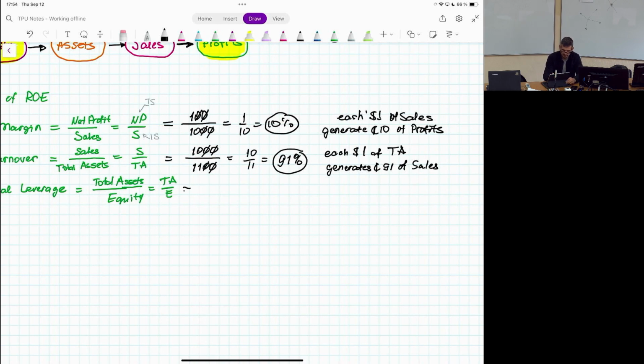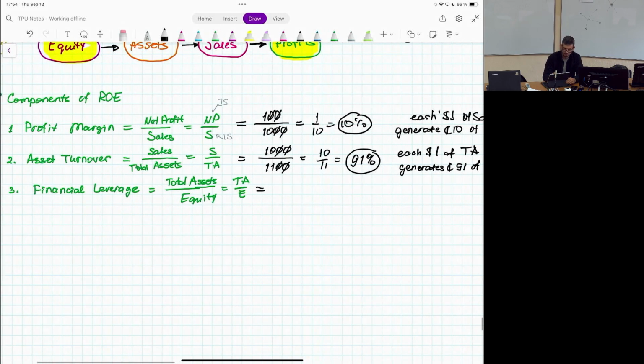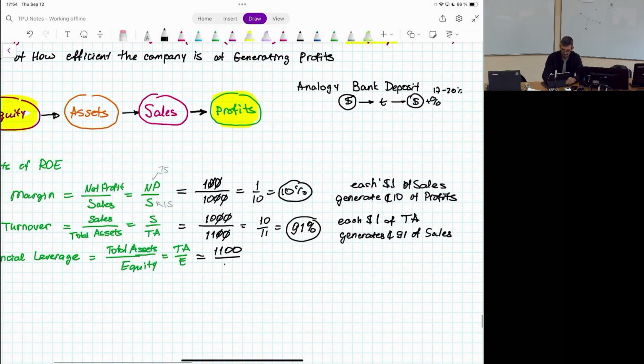So finally, financial leverage, it's total assets, 1100, divided by equity. Equity уже помните, сколько было? 600. 600, it's 11 by 6. Вот здесь уже больше единицы, значит будем multiples использовать. 1.183.